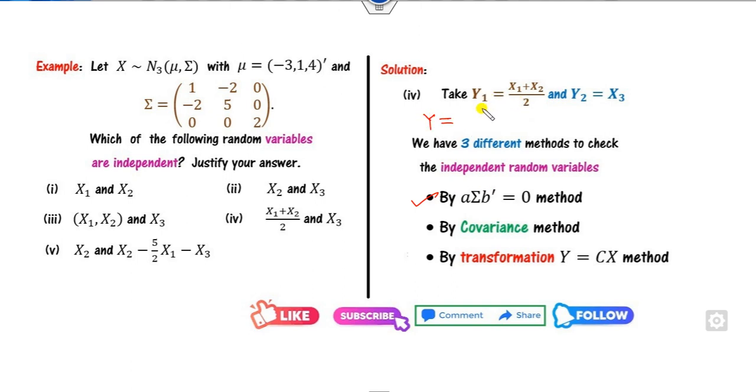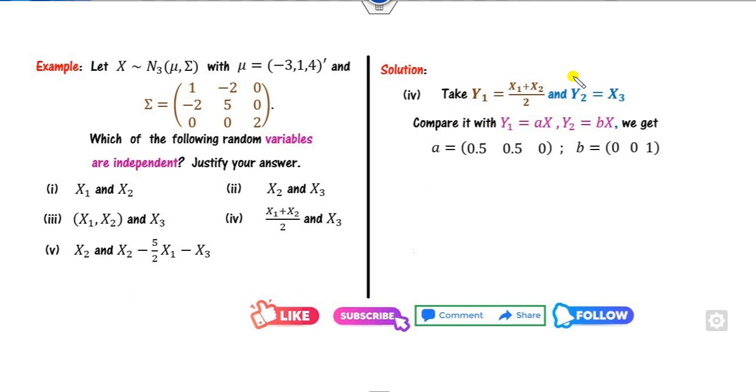If I write y1 is Ax and y2 is Bx, what is my A? Coefficient of x1, coefficient of x2, coefficient of x3. What is my B? Coefficient of x1, coefficient of x2, coefficient of x3. So A and B are here.